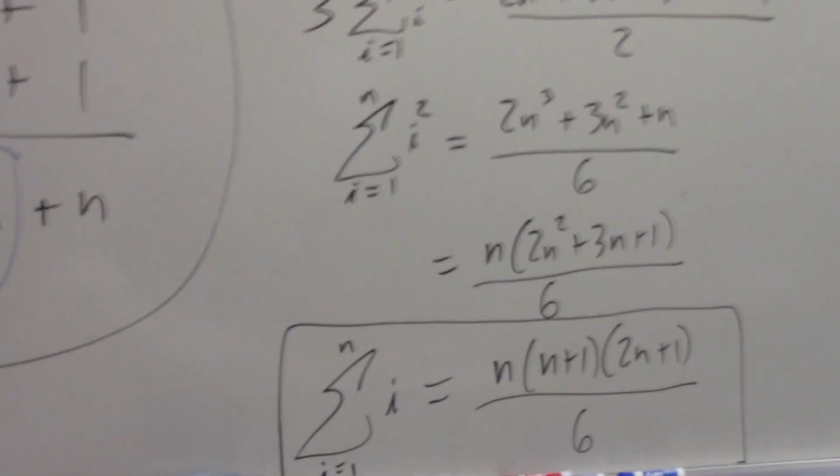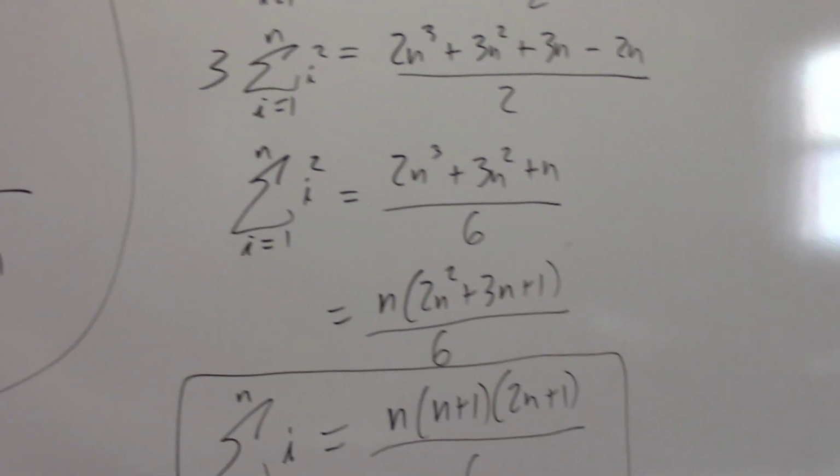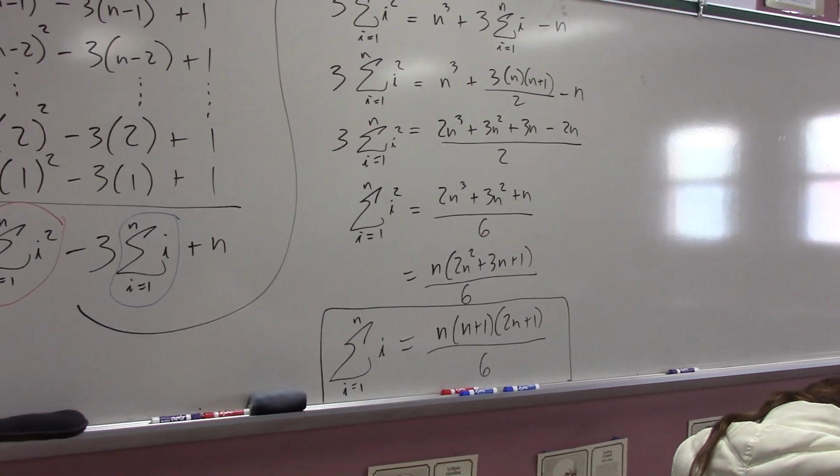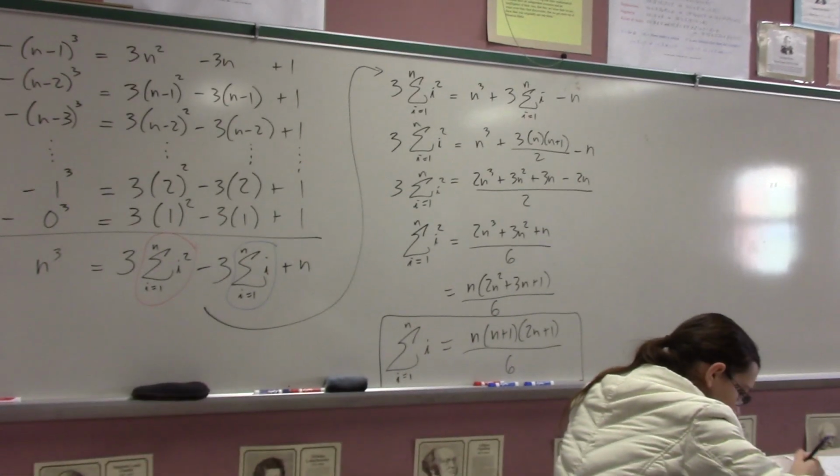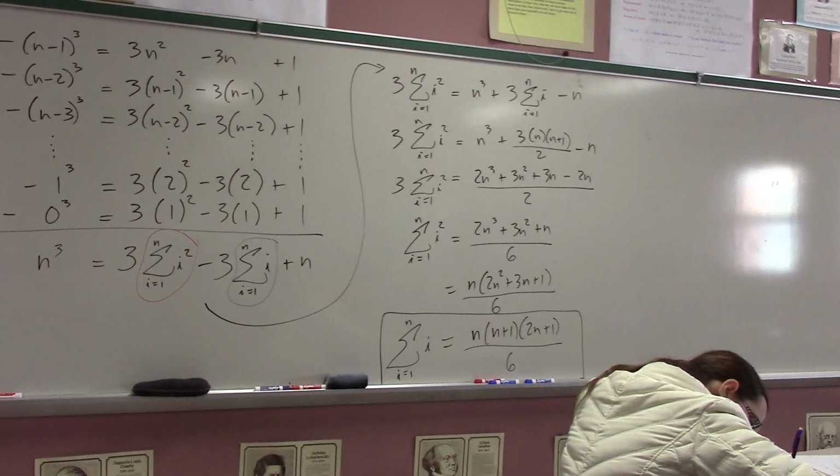All right. So this is pretty cool. Did you guys get what I got? Yeah. You've got to just do a bunch of algebra. Did that work out? Yeah, and then just factor and stuff, it makes it pretty.